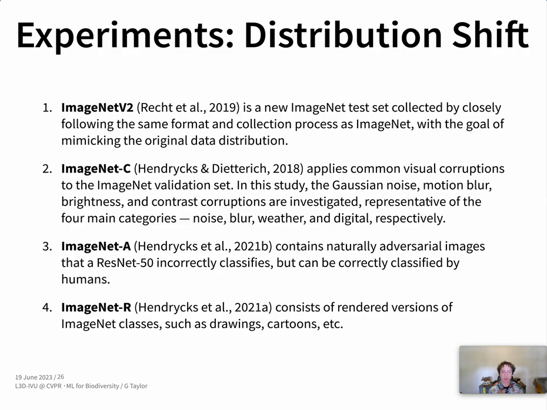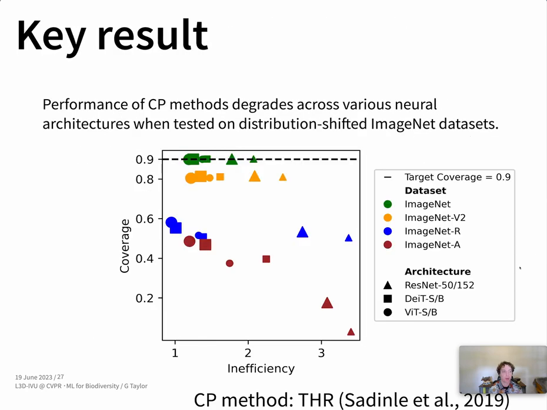These apply common visual corruptions to the ImageNet validation set. In this study, the Gaussian noise, motion blur, brightness, and contrast corruptions were investigated, and we evaluated these different types of corruptions. We considered ImageNet A, which are naturally adversarial images that a ResNet 50 incorrectly classifies, but can be correctly classified by humans, and also ImageNet R, which consists of rendered versions of ImageNet classes like drawings and cartoons, etc.